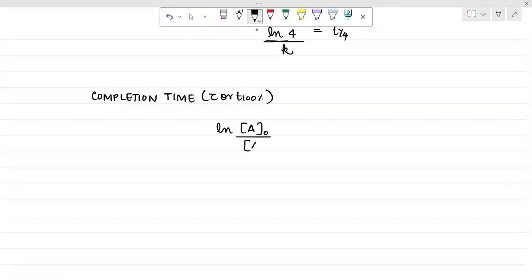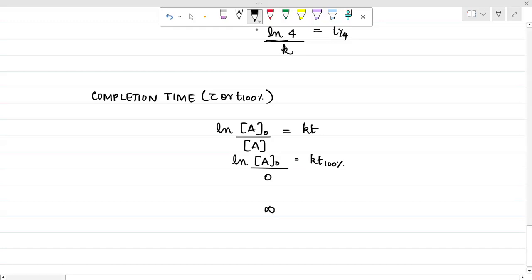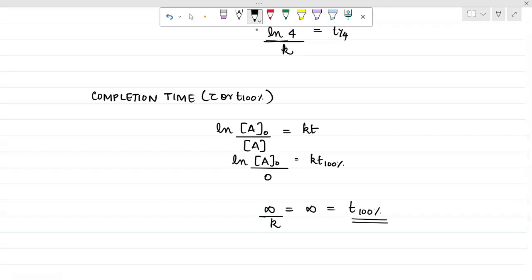That is ln A naught by A is equal to KT, and at T100%, initial concentration won't change. Final concentration is 0, and any number divided by 0 is infinity, and infinity divided by any constant is also infinity, or the time required for the completion of reactions which proceed with first order kinetics is infinity.